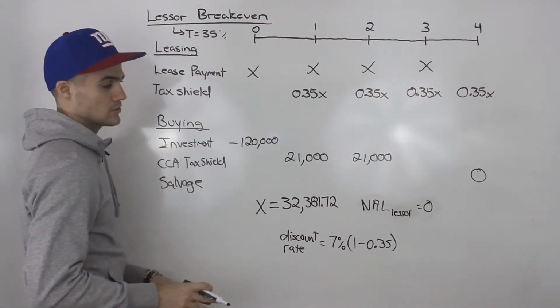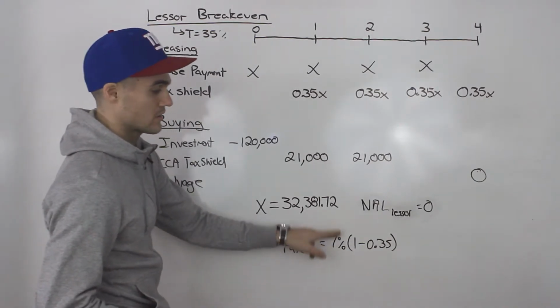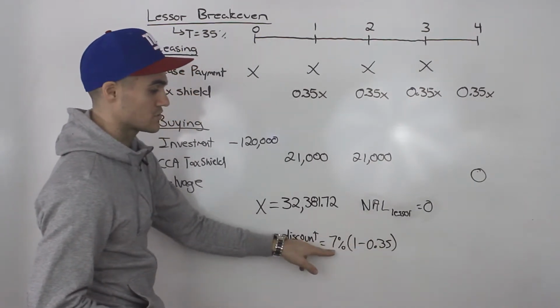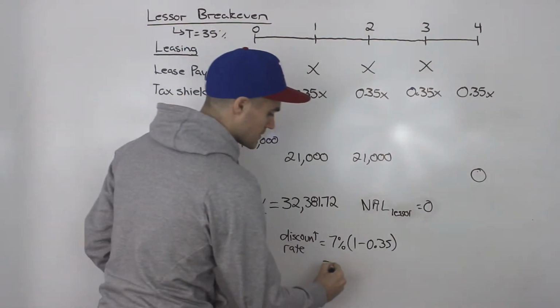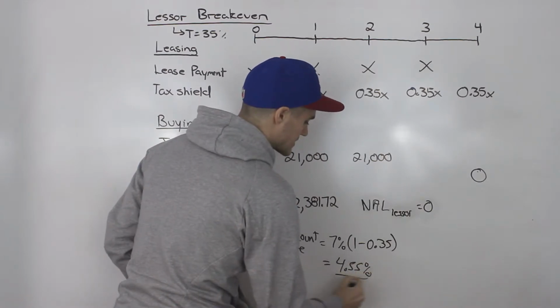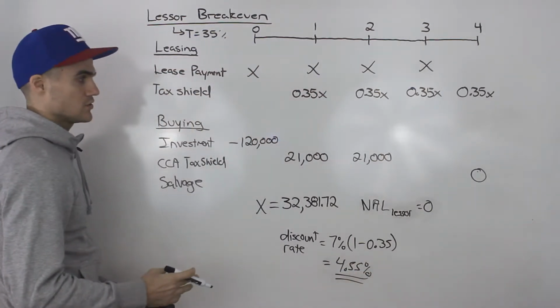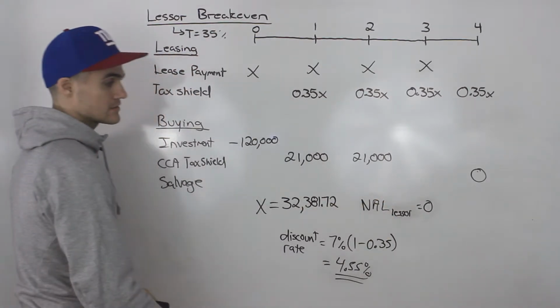If you want to try it manually, also in the Excel file, that's the discount rate that we are using, 7% times 0.65. And when you multiply these amounts, you end up getting 4.55%.